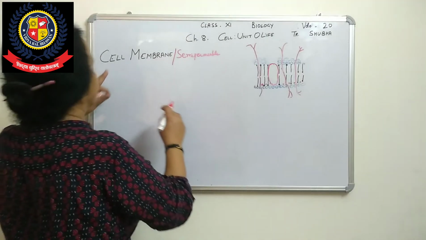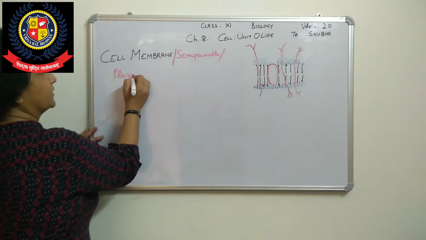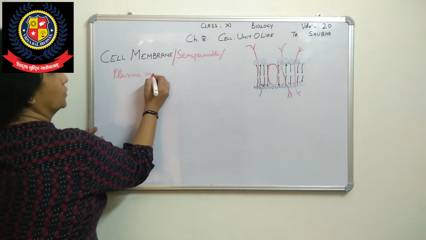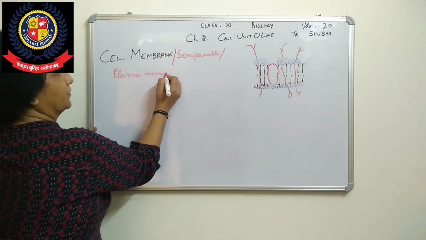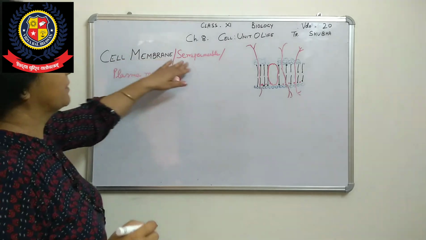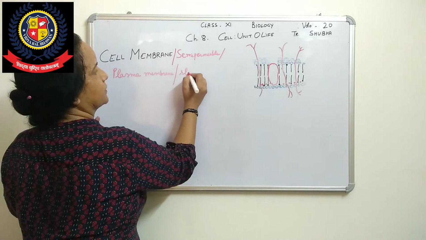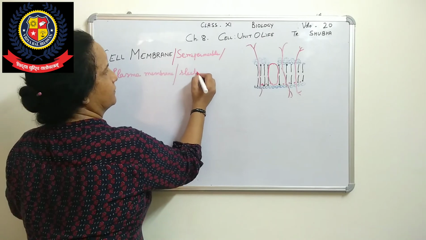It is also known as the plasma membrane. There are different names given for the cell membrane: semi-permeable membrane, plasma membrane, or selective membrane.